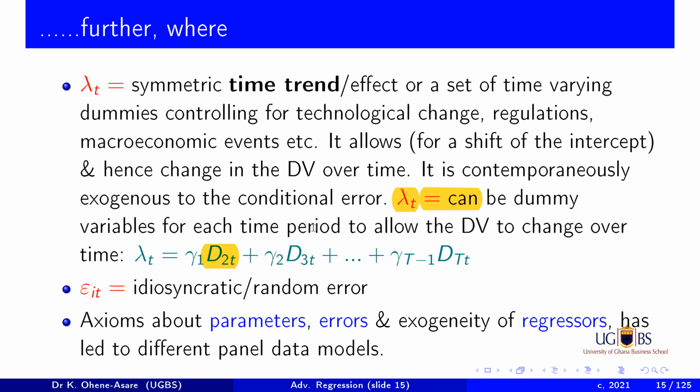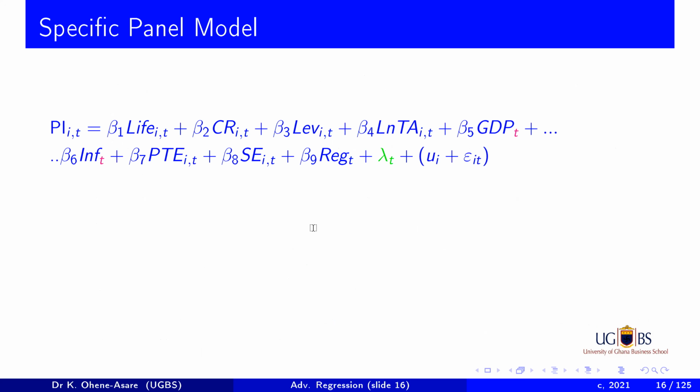All of these have led to what is known as multiple panel data models. There are so many panel data models that sometimes you ask yourself, which one is which? We are going to look at a few of them. But this is a specific example of a panel data model published by myself in 2018, about a model that I was actually working on.